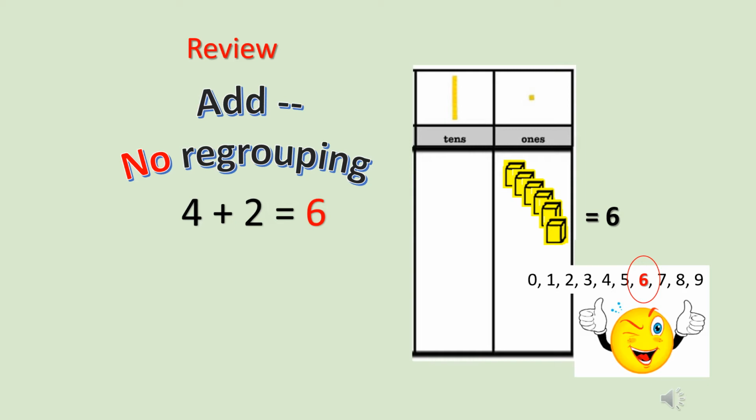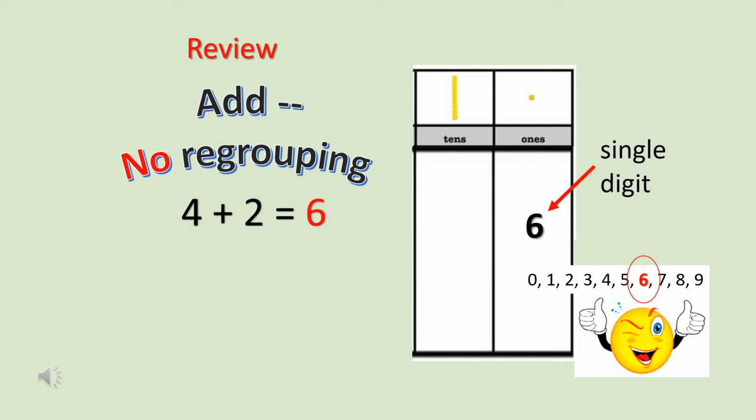And when we added 4 plus 2, our sum is 6, and 6 is within the range of 0 through 9. So we do not need to regroup. Another way of saying that is that 6 is a single digit. It's in the range of 0 through 9. It's a single digit, and it can sit by itself in the ones place.